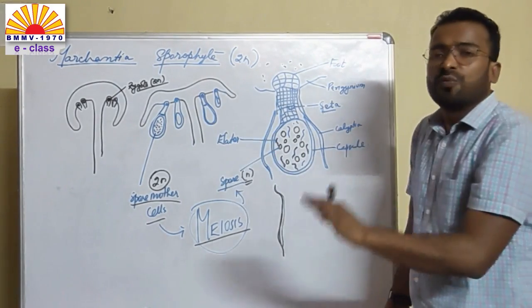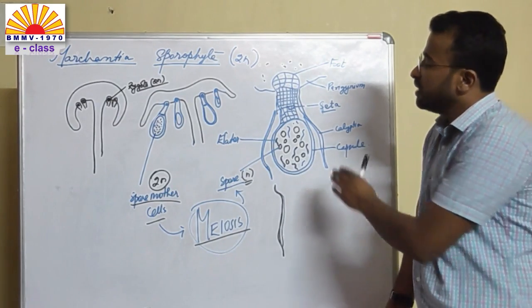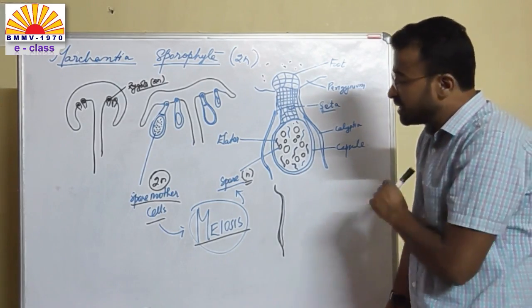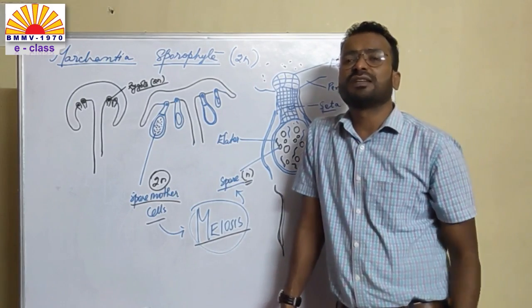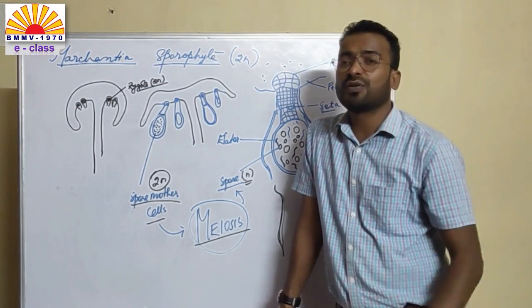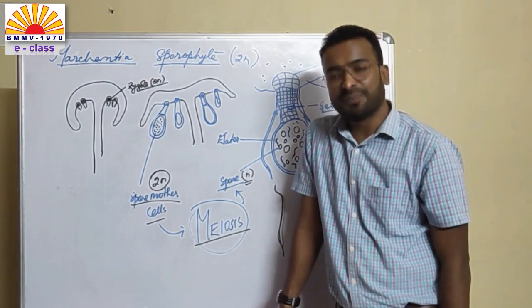This sporophyte will never leave the gametophyte. So that is why this sporophyte is not an independent sporophyte. So this is the type of sporophyte that we see. As in the slides you must have seen different types of sporophyte occurring in natural conditions. Please follow the slides where we will be discussing alternation of generation in Marchantia.